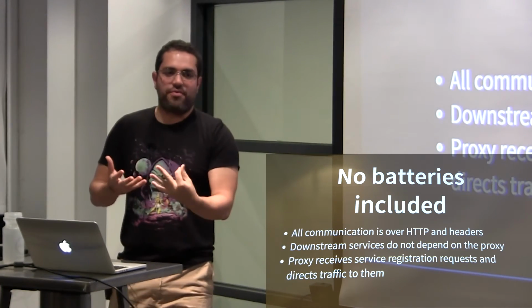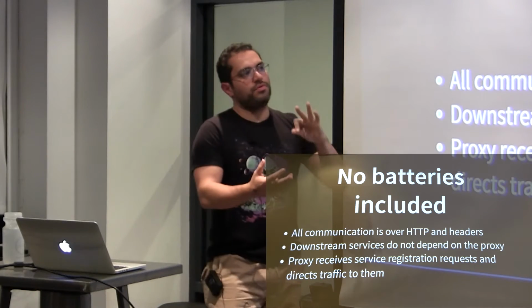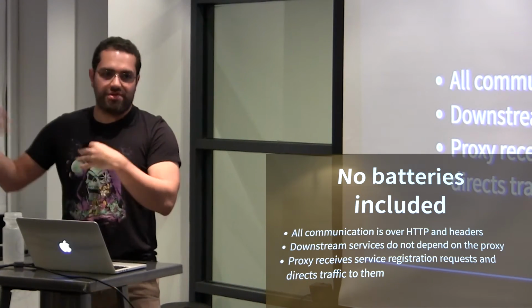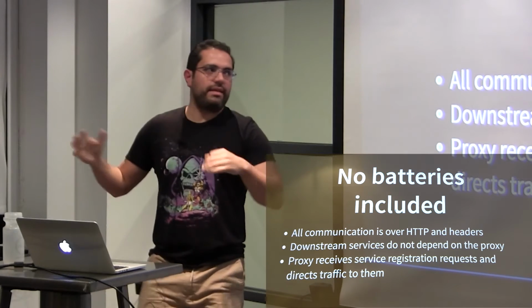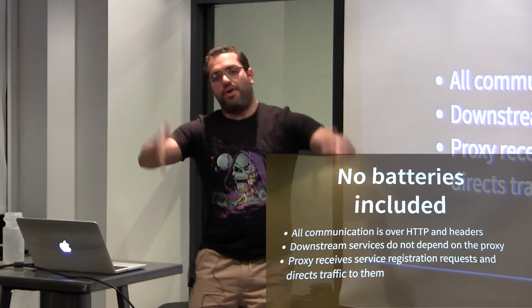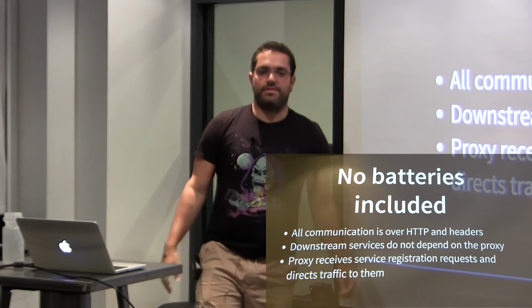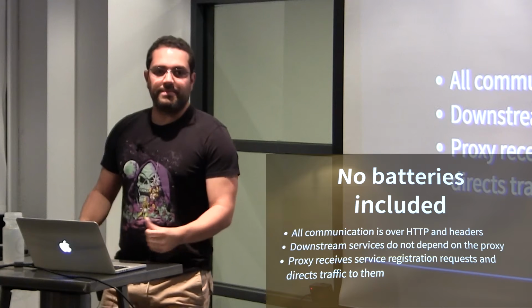So when you register yourself, you're going to say the path, the methods, and the downstream addresses that I should send requests to. The gateway just maintains a list of all the routes, and when a request arrives, it tries to match and then delivers to the service that's waiting on the back end.